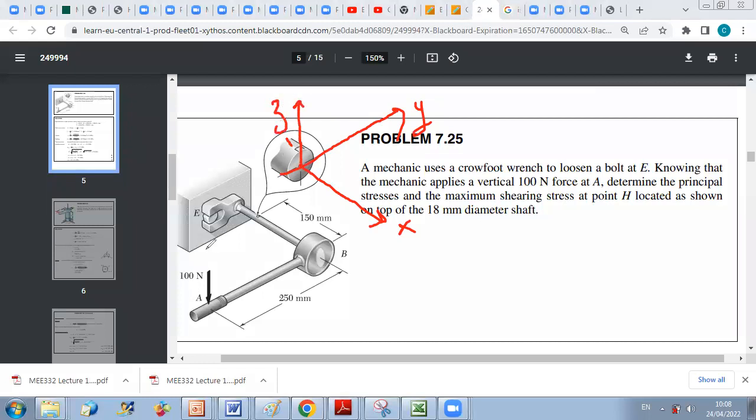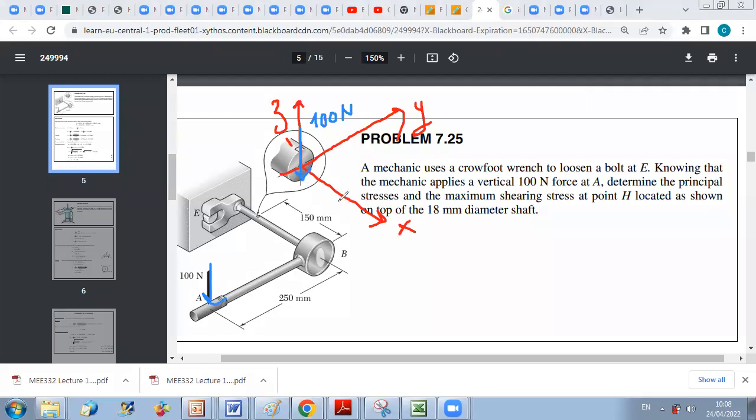So first, this force will lead to the development of a shear in this section, a vertical shear of 100 Newton. It will also create torsion about the x-axis. To find the torsional moment, all we have to do is to say that this force tends to create a moment about x.